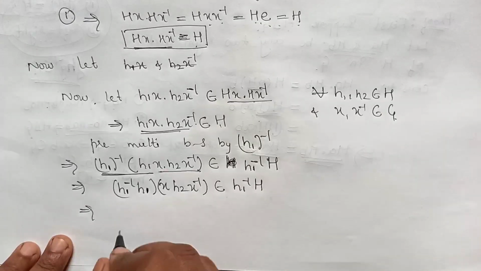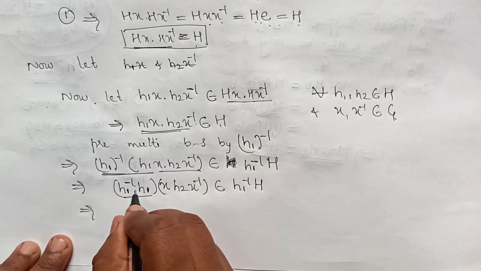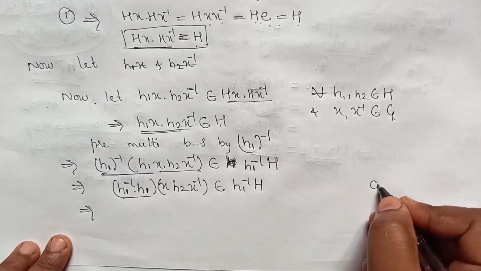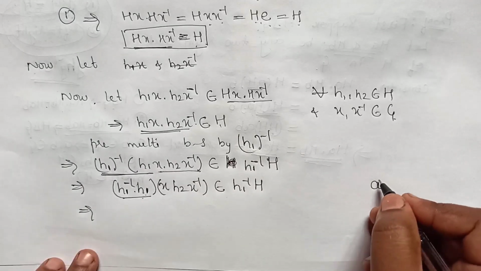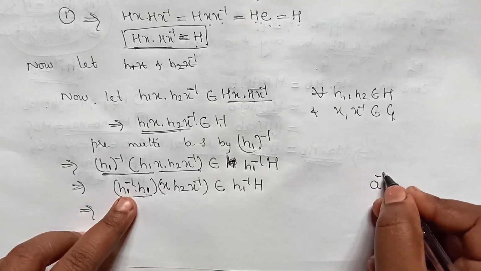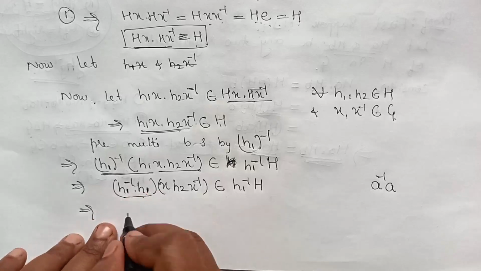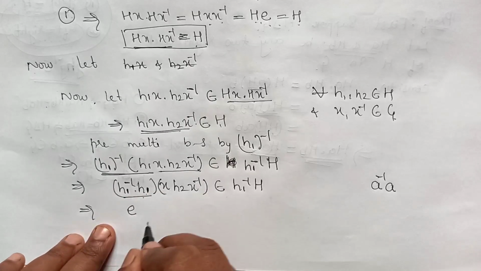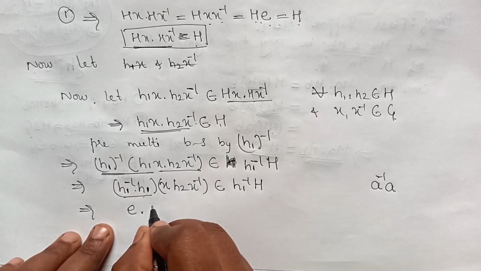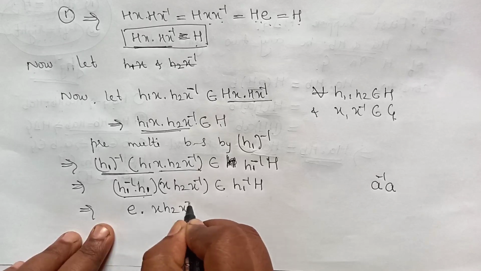Next we get H1 inverse and H1, an element and its inverse, so this is of the type A inverse into A, an element and its inverse, equals the identity element into x H2 x inverse as it is.